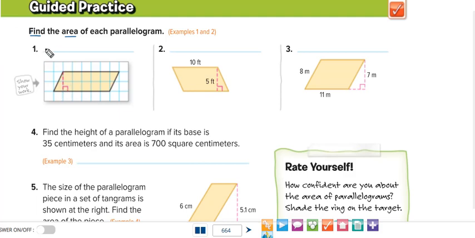Or you can write A equals BH equals 6 multiplied by 2, which is 12. 12 what? Yes, 12 unit squared. Now about problem 2.